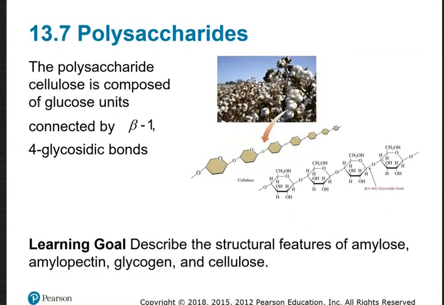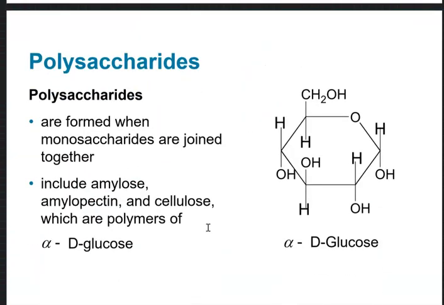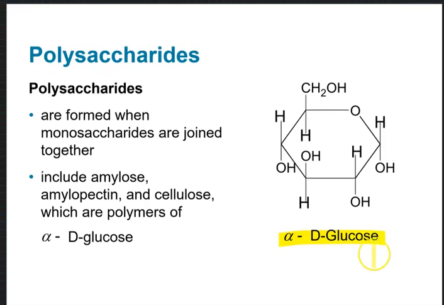Okay, polysaccharides. Well, obviously, many individual elements. And we're going to learn the structural differences between starch, glycogen, cellulose, and I think we're talking about chitin. So, starch, glycogen, and cellulose are all formed out of glucose molecules. You may ask, hold on a second, what is the difference? The difference is how these glucose molecules are arranged and connected to each other.